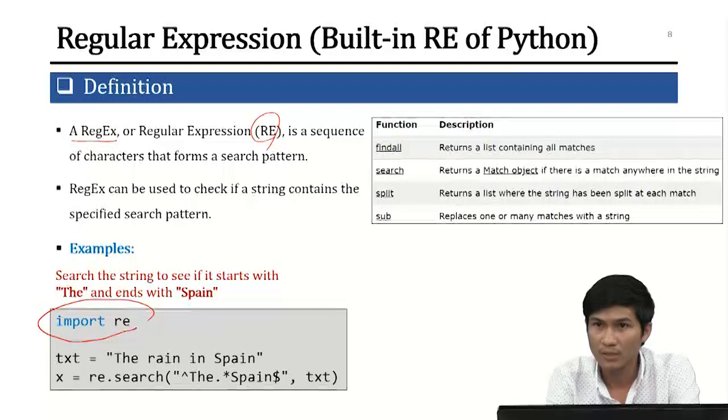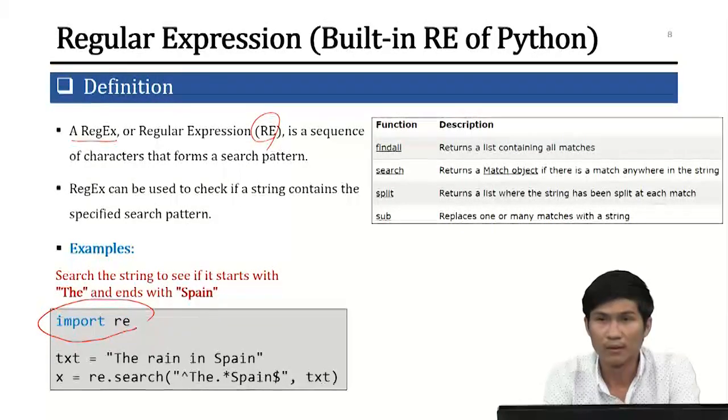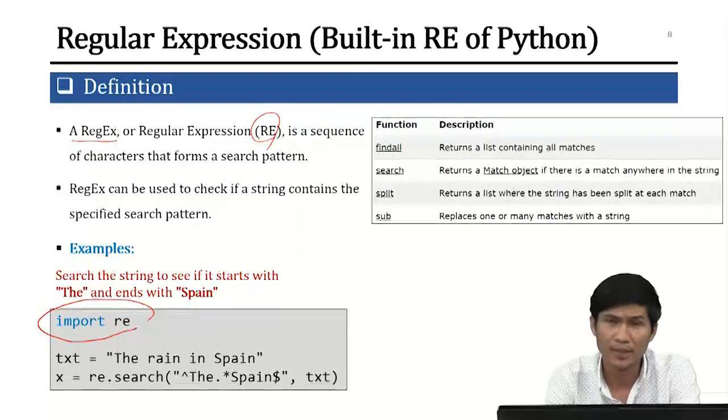In regular expressions, there are some special characters that we can use. For example, as you can see in the symbols here, we have the upside-down angle, the caret, which is used to specify that the string should start with the. We have the star, which represents many occurrences.